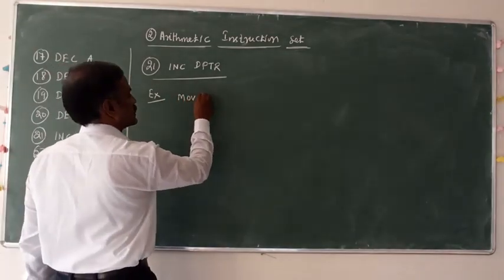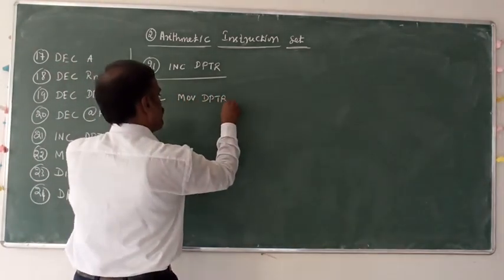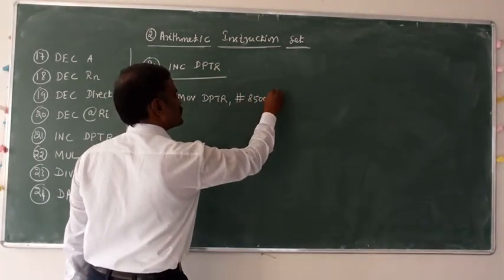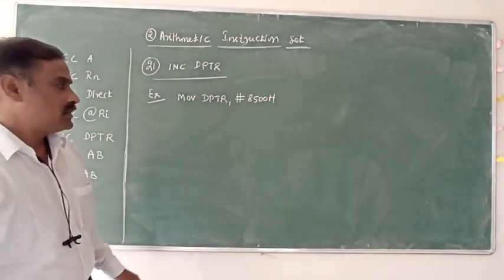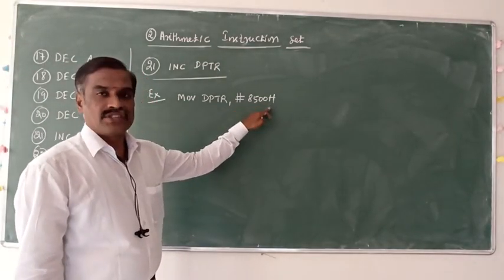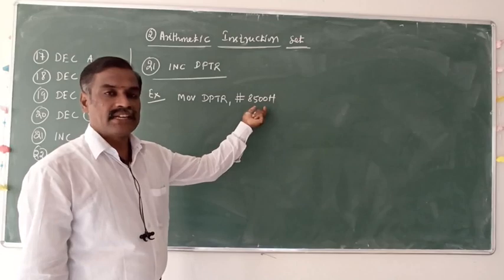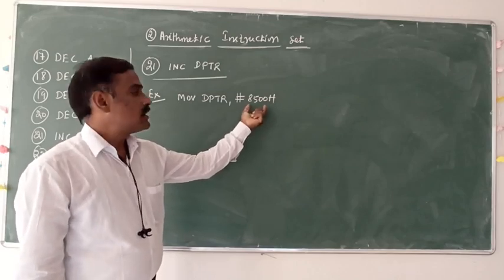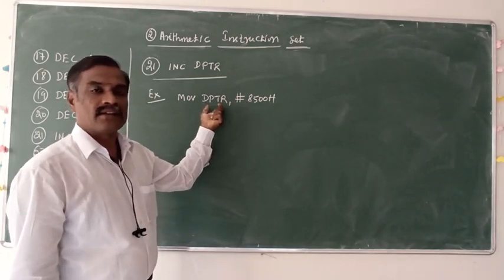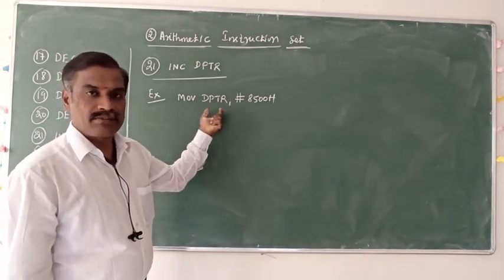MOV DPTR, #8500H. Move DPTR hash 8500. The given 16-bit data or address is available in the data pointer. Here the data pointer is 16-bit.